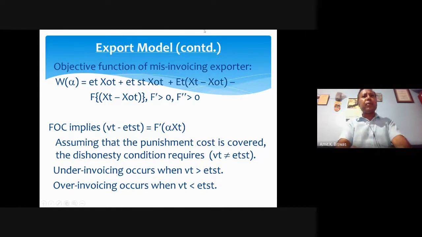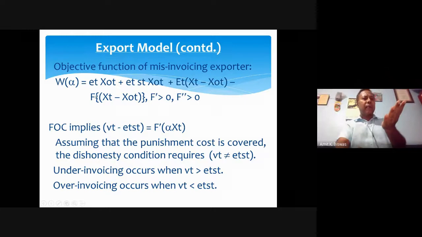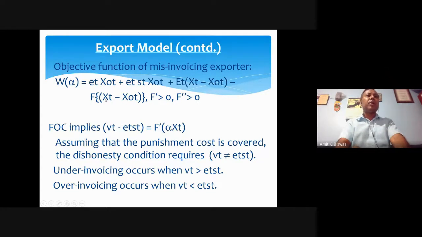And your cost is a function of how much you are not reporting, and it's a convex kind of cost. Perhaps some of you know what a convex thing is. When both the first and second order derivatives are positive, it's called a convex cost. It means it's a very stringent cost.